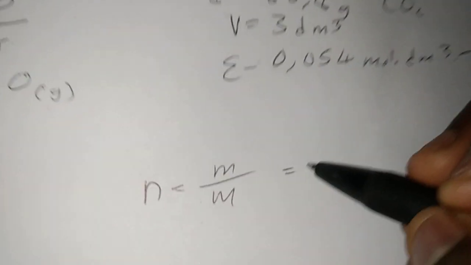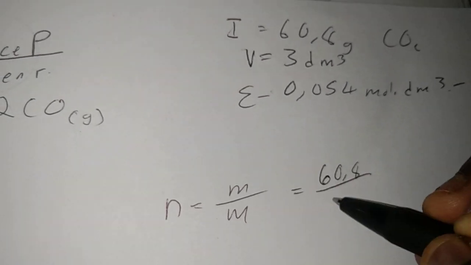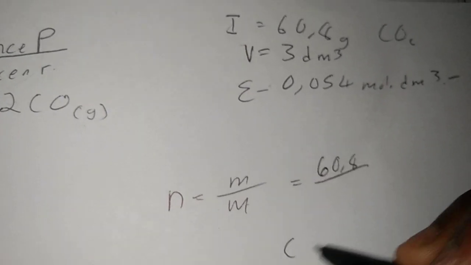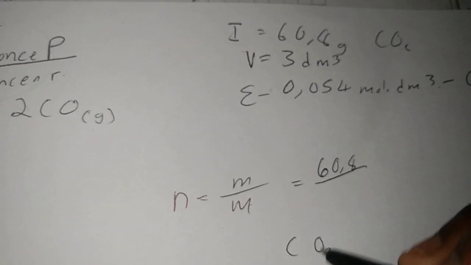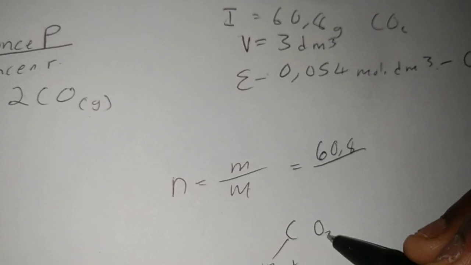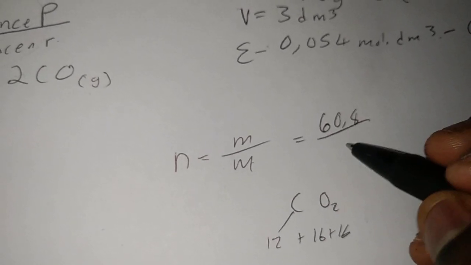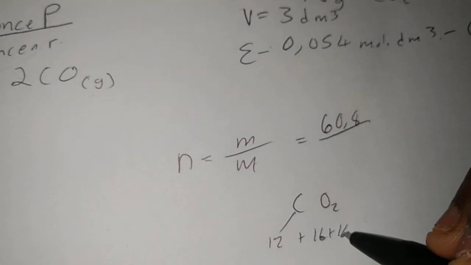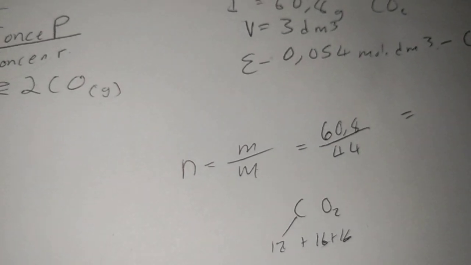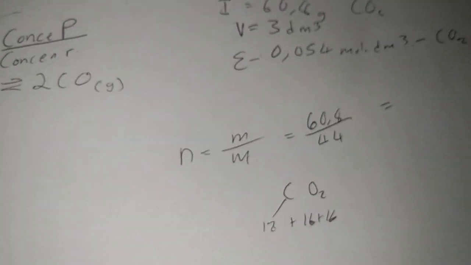Our mass is 60.8 over the molar mass. Since it's CO2, it is 12 plus 2 of oxygen, 16 plus 16. Now this will be 32 plus 12, that will be 44. Now let's look for our number of mole. Let me get my calculator over there.